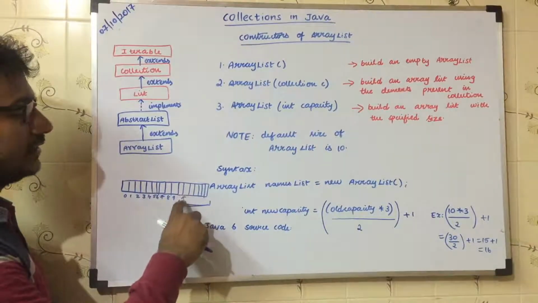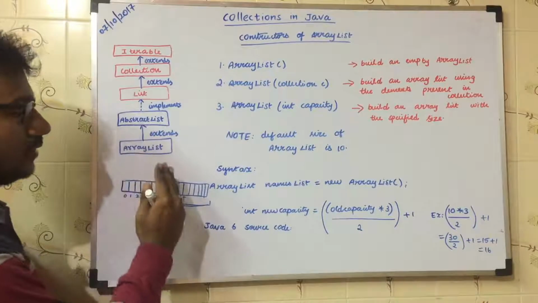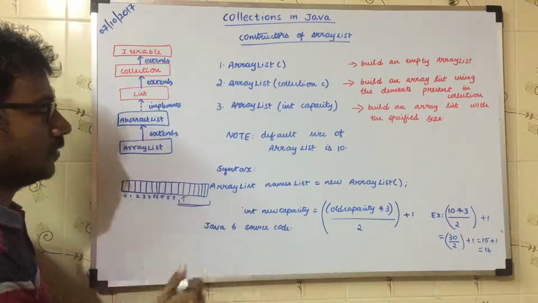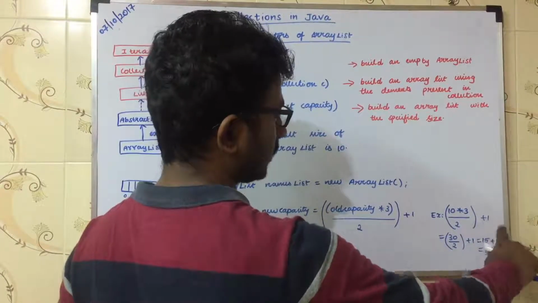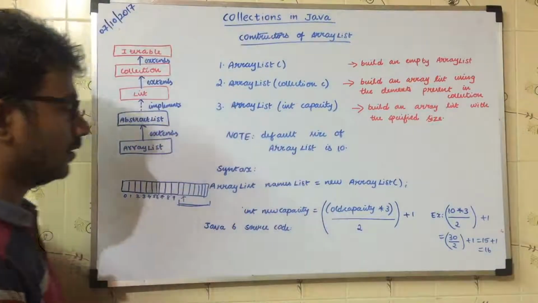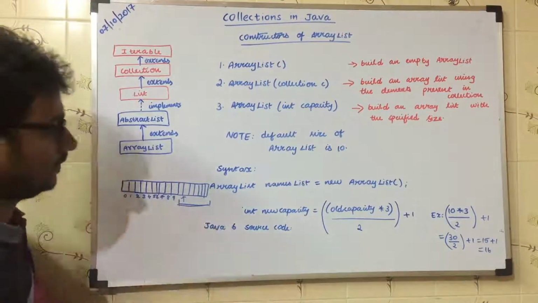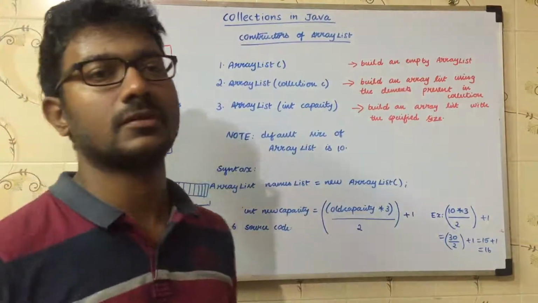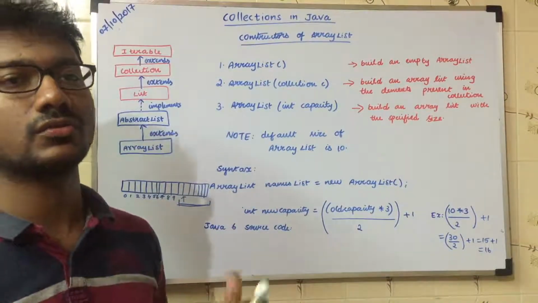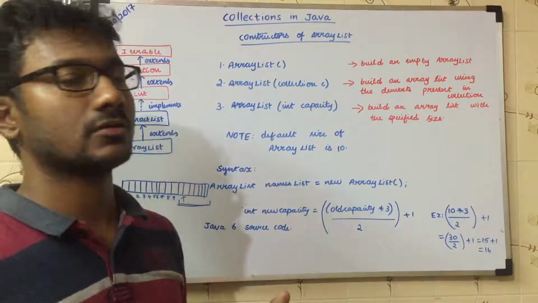If you try to add the 11th element, then using this formula the ArrayList size grows. Our old capacity is 10, into 3 by 2, plus 1, which results in 16. So the size of the ArrayList would increase from 10 to 16. Here, the total elements to be added is only 11, but the size increased to 16. So 5 cells of memory are wasted.